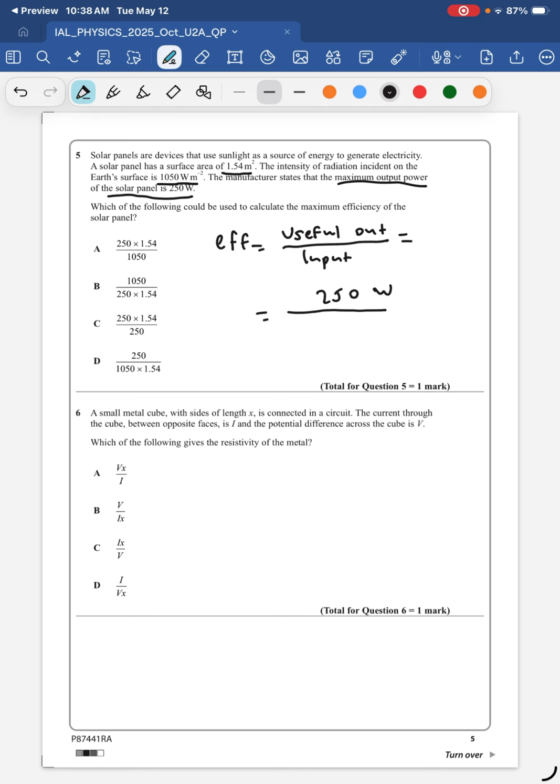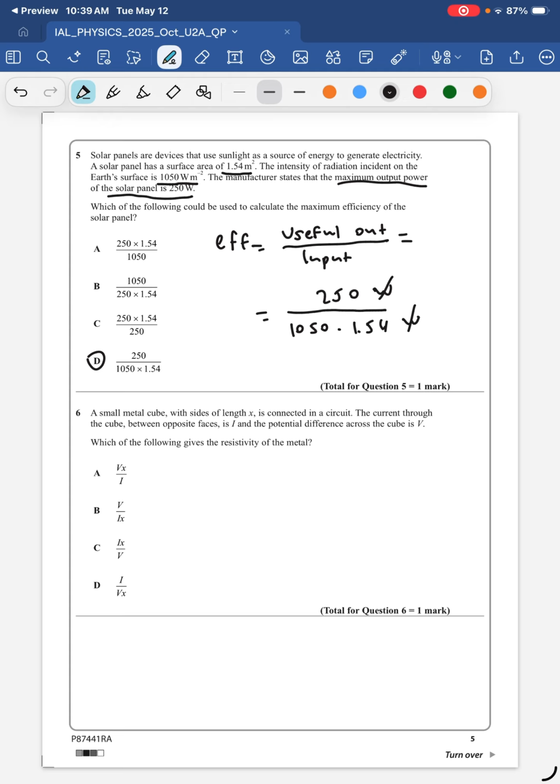So if we multiply these two, we get the input wattage, right? So 1050 times 1.54, and this will be watts, which cancel because efficiency is a number, it doesn't have dimensions. And we can immediately read the correct answer as, which one is it? D. Okay, let's move on to question number 6.